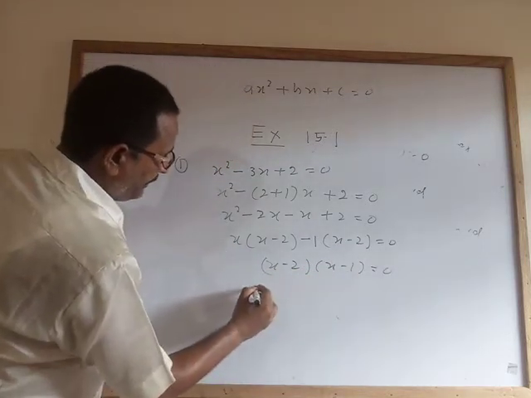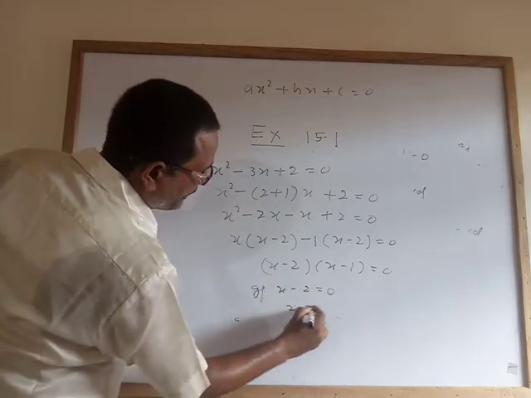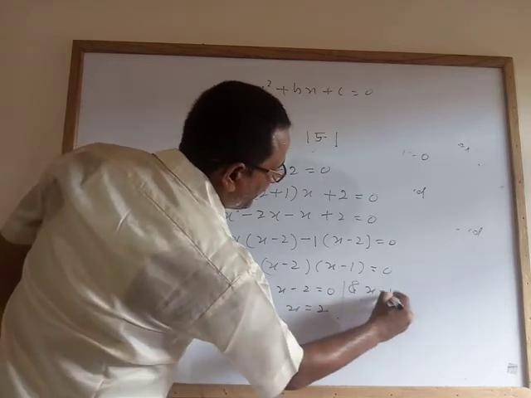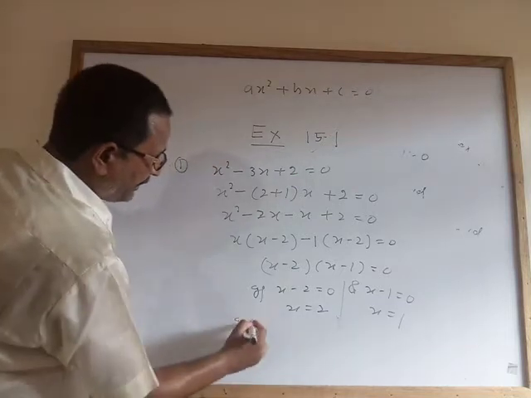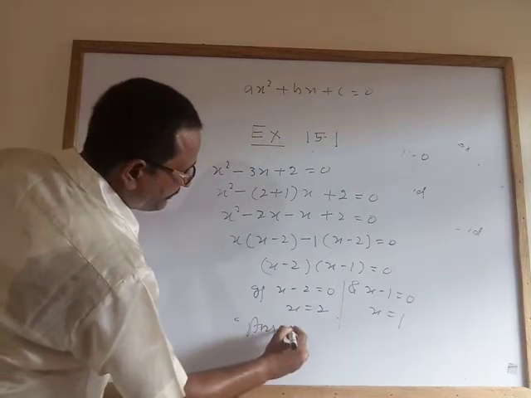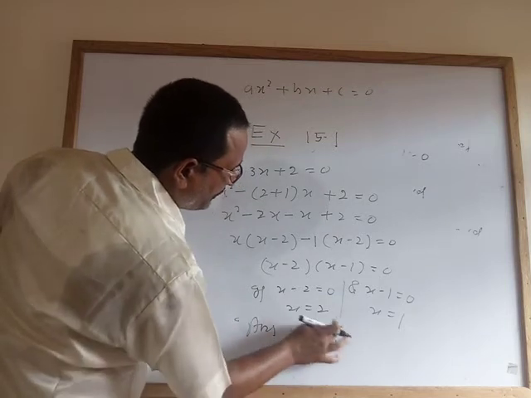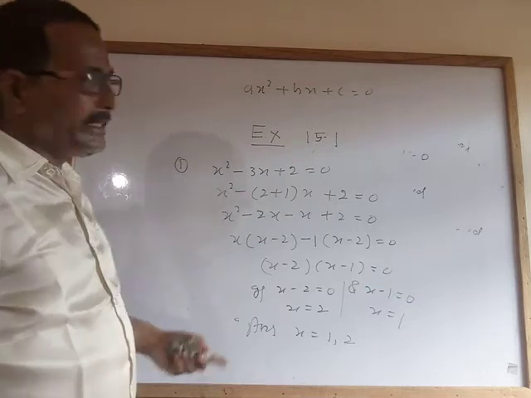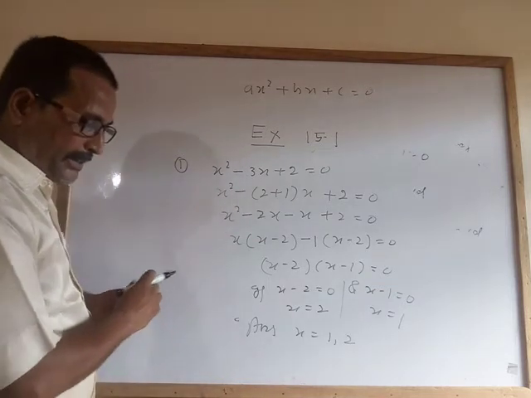If x minus 2 is equal to 0, x is equal to 2, and x minus 1 is equal to 0, x is equal to 1. Means the answer: x is having two values, 1 and 2. Already I told you it's a quadratic equation, so it has two solutions. Now question number second.